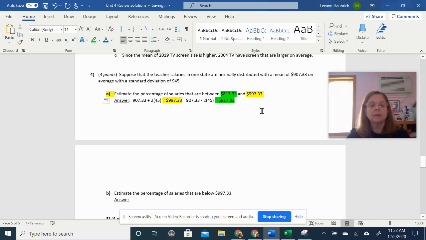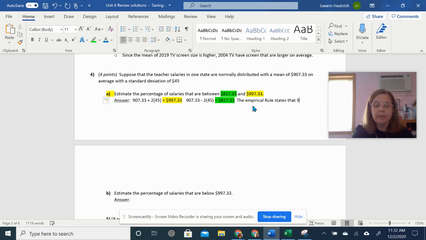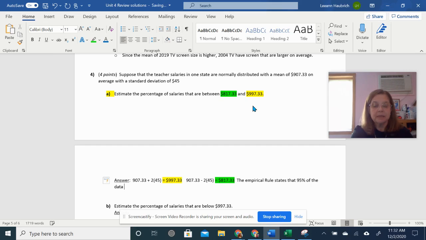Where'd it go? The empirical rule states that 95% of the data values fall within 2 standard deviations from the mean.